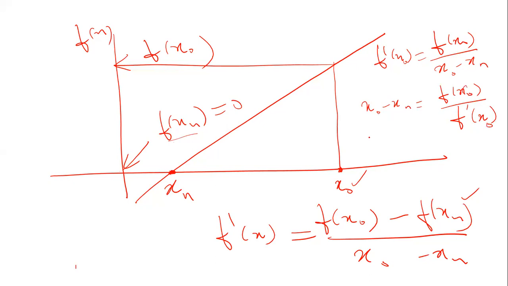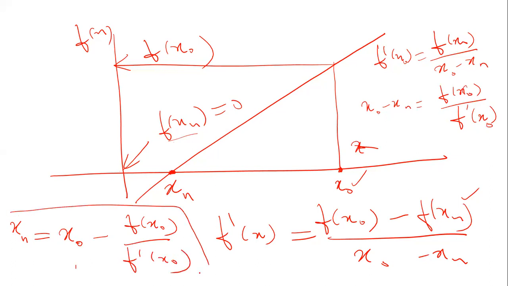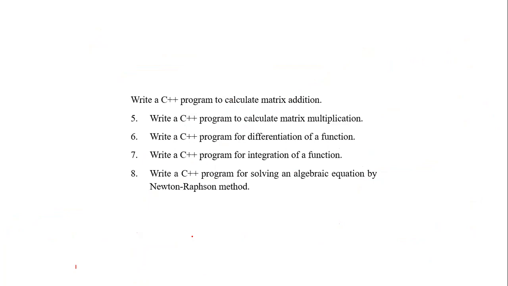So the root xn value will be x0 minus f of x0 divided by f prime x0. Okay, so this is the formula we're going to use here. As you see, xn is the root. At xn, the functional value is 0. So in order to obtain xn, we are going to use this formula.